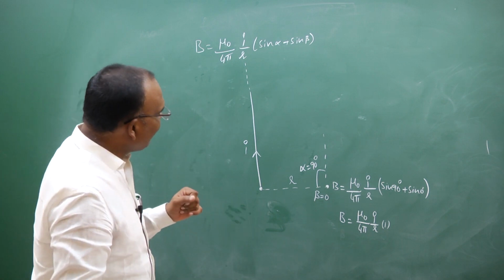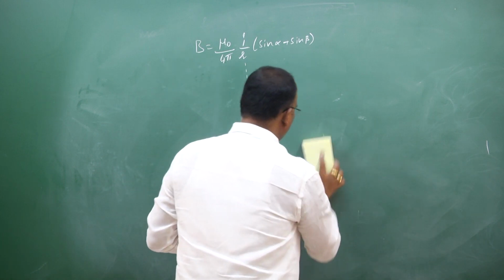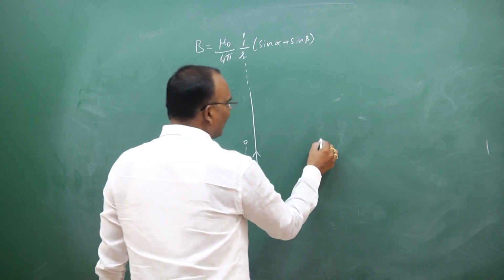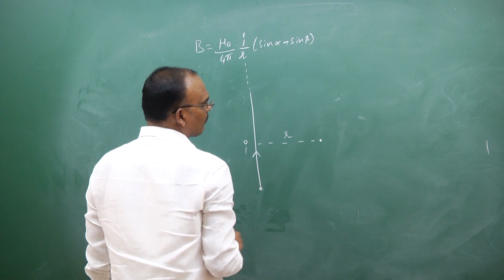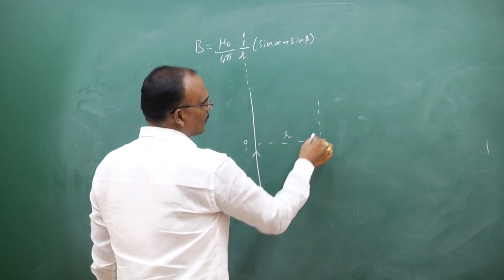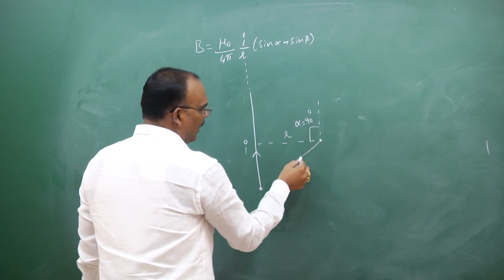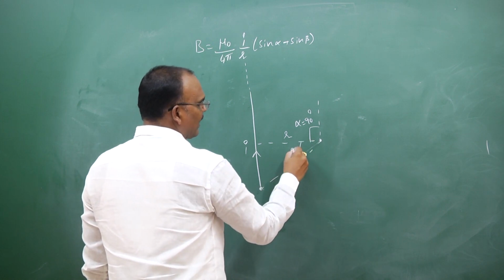So why did you conveniently select the point here? If I select a point somewhere else, what will happen? Nothing, it's simple: draw a normal onto the conductor, R. Join the ends with a parallel line, so alpha becomes 90. This end will join like this, and this angle is beta.